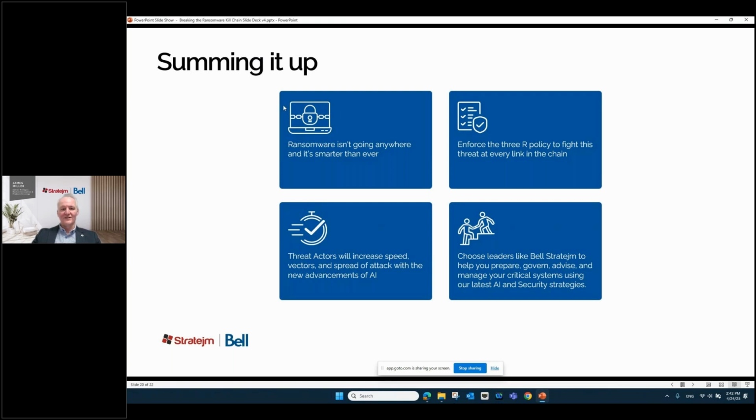I always say that we want to be a leader who works with leaders in the industry. So you have that trust that if we're bringing a manufacturer and a vendor into conversations about how to protect your business, we are using a proven leader that we know will work flawlessly and seamlessly with the Bell Stratagem methodology.